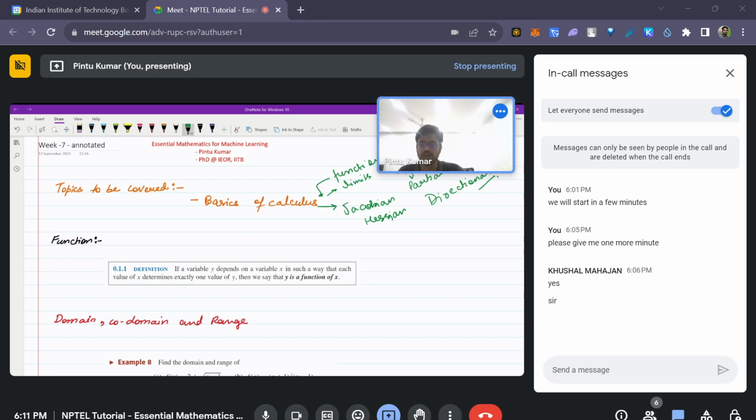What I understand a function to be is an assignment. In a function you have two sets, one is called the domain and another one is called the codomain. A function is an assignment where you assign every element of your domain to some element in the codomain, and this assignment should be unique.